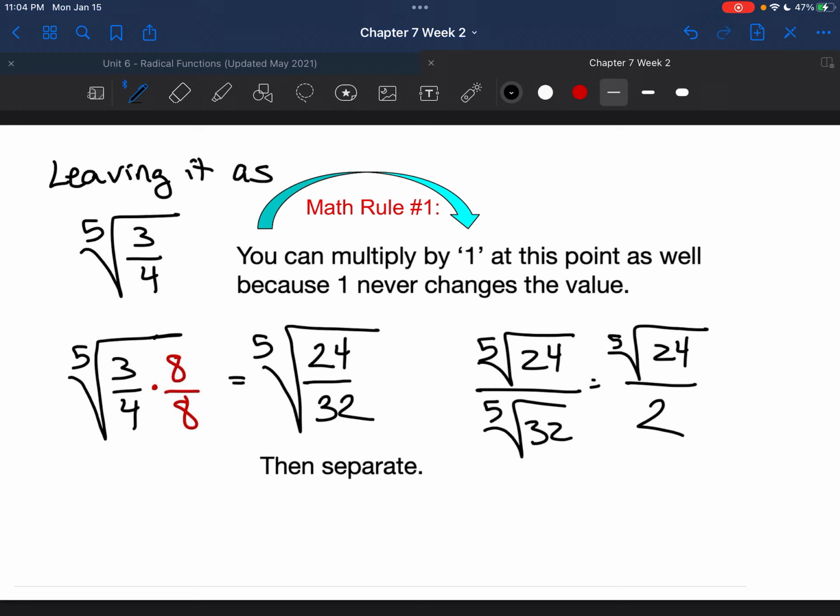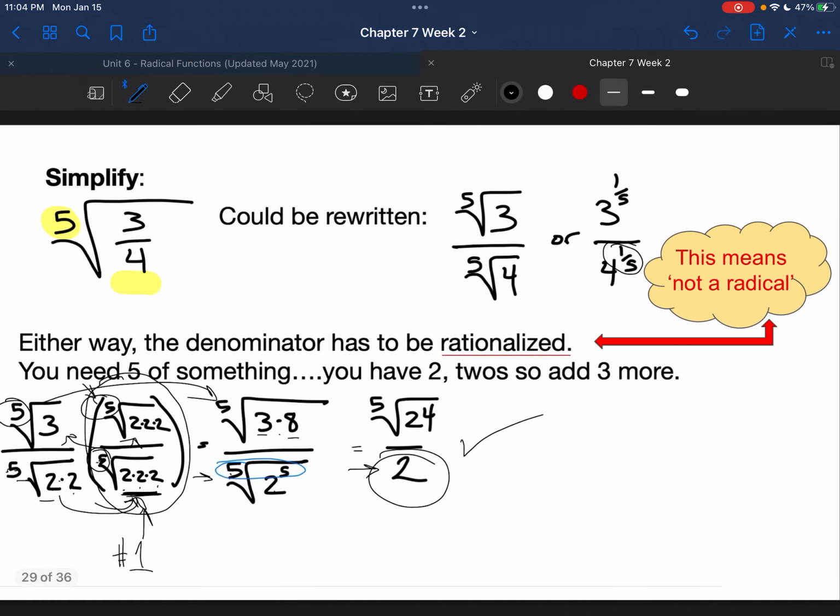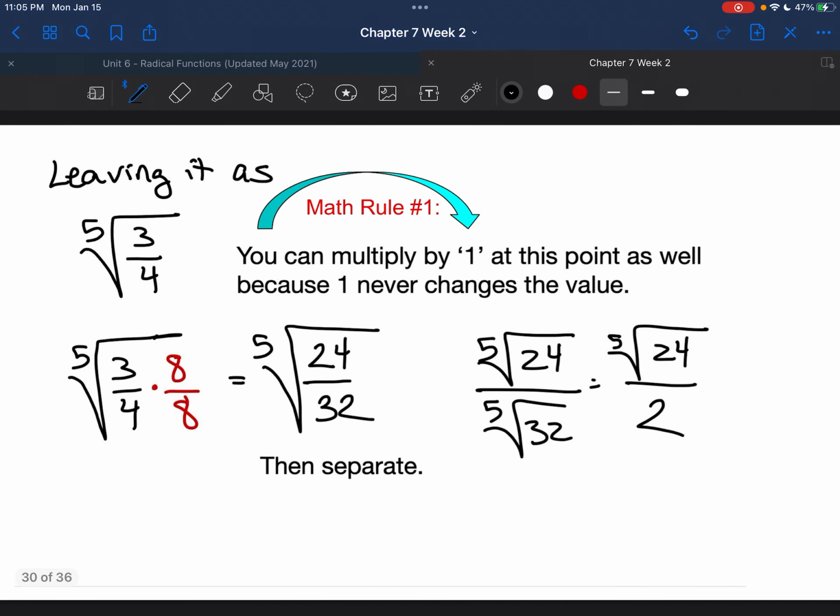So let's look at this a slightly different way that we could look at it. If we left it all as one radical, so in this case, we started here and then we separated them out. If I left it all as one radical, where I have 3 over 4, I know that my 4 is 2 times 2, and I need 5 of them. So I need 3 more 2's, which gives me 8.